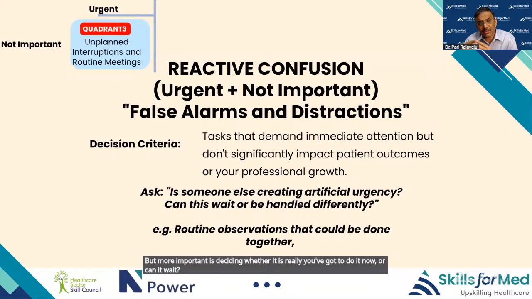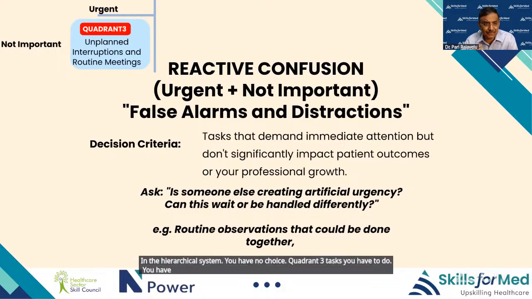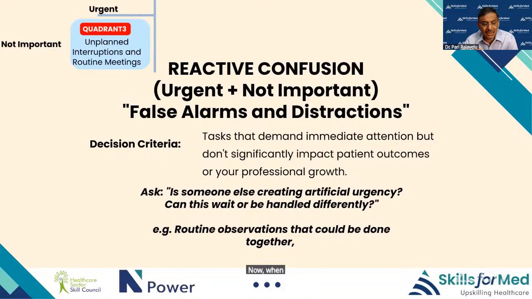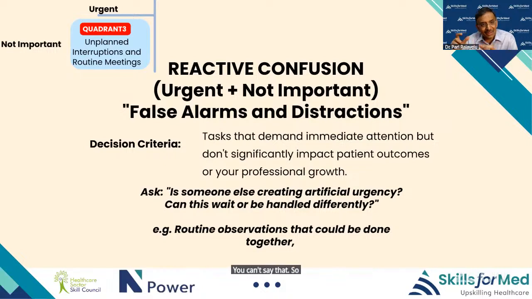This really depends on your hierarchy. If you are very junior in the hierarchical system, you have no choice. Quadrant three tasks you have to do. You have no other option. When your senior tells you to do something, you cannot say, sorry, it is not important for me, right? You can't say that. So it all depends on your hierarchy.